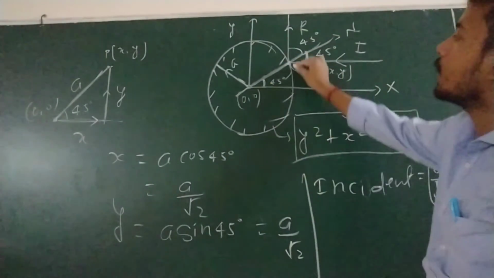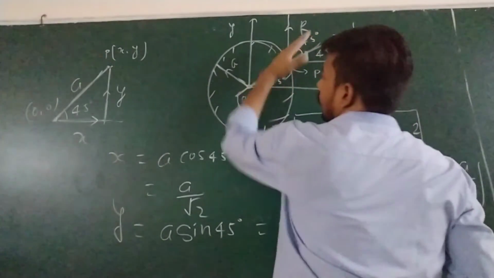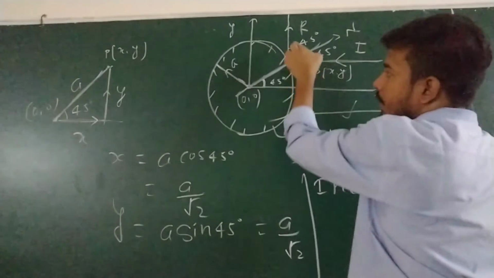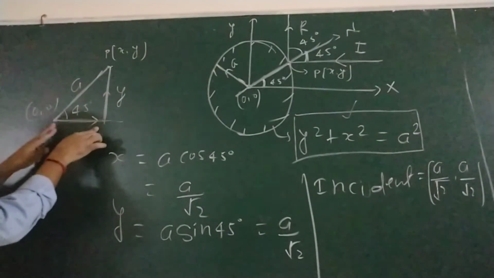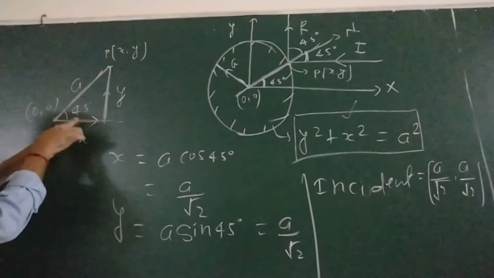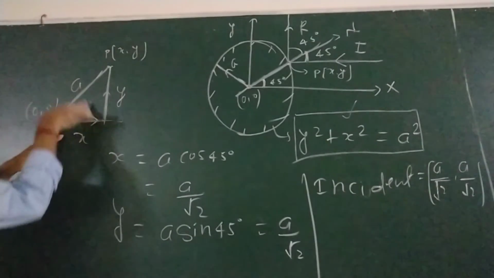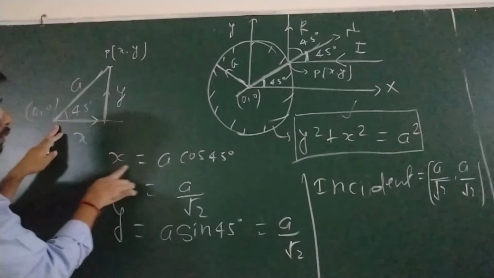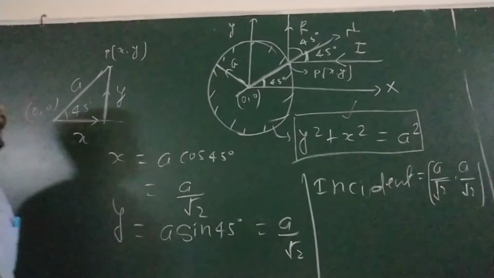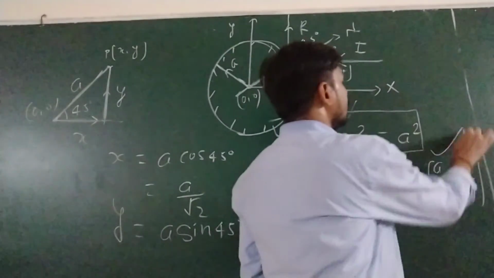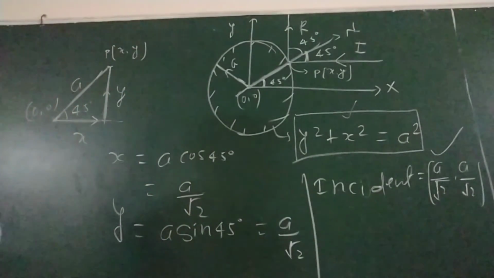You have to find this coordinate x comma y. This is a, this distance is x and this distance is y. Applying cos theta, base by hypotenuse, cos 45 is equal to x by a, so x becomes a cos 45. Similarly y becomes a sin 45. Finally we got the answer: a by root 2 and a by root 2. See the next question.